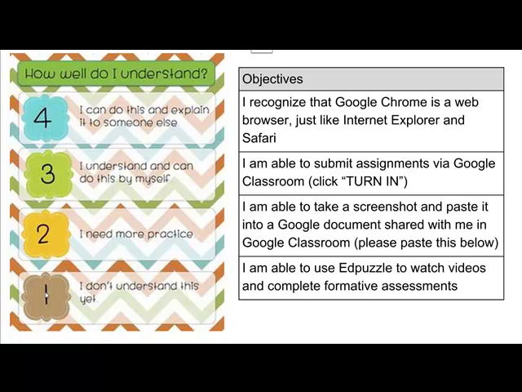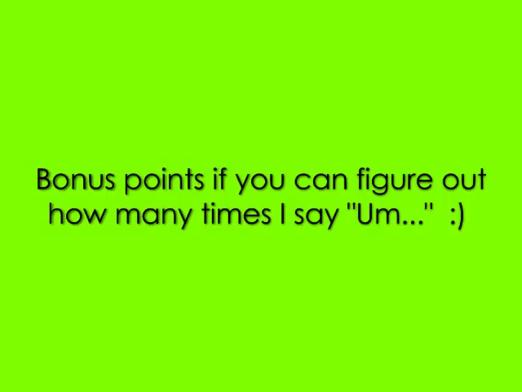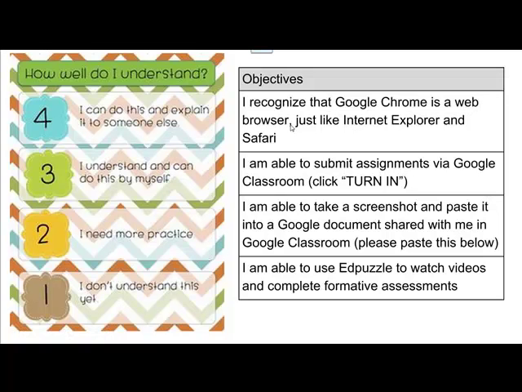For each of the objectives that we have, I'd like you to rate yourself with your level of understanding. And don't do it until after you've taken the time to go through the first assignment.